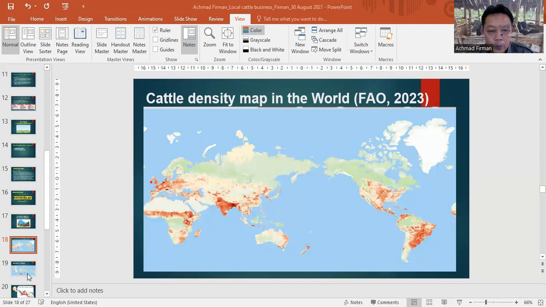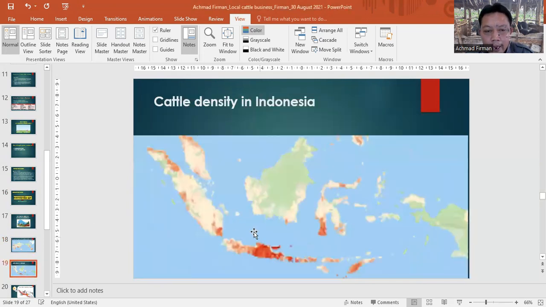Next slide is Indonesia, the density in Indonesia. Meanwhile, Indonesia is a country with a cattle density of less than 500 per square kilometer. The total population of beef cattle is less than 8 million head, even though the total human population is approximately 270 million people.